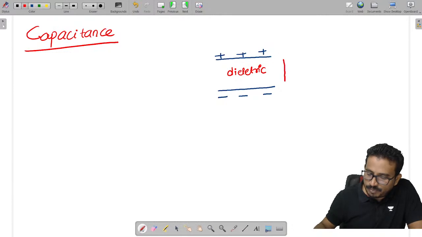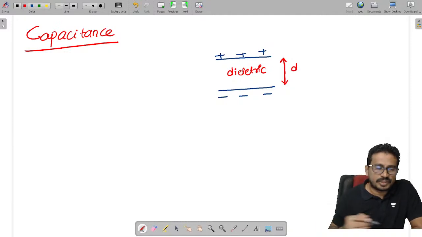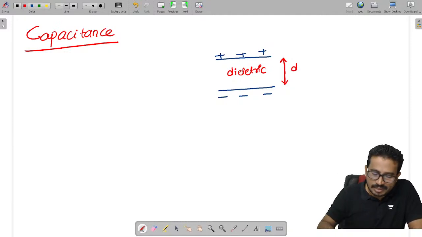These two plates are separated by a distance of d. This has a positive charge plus q, and this has a negative charge minus q.